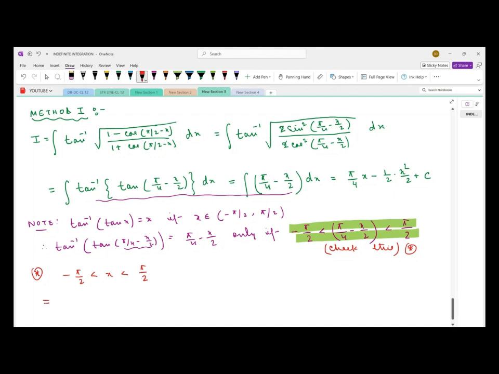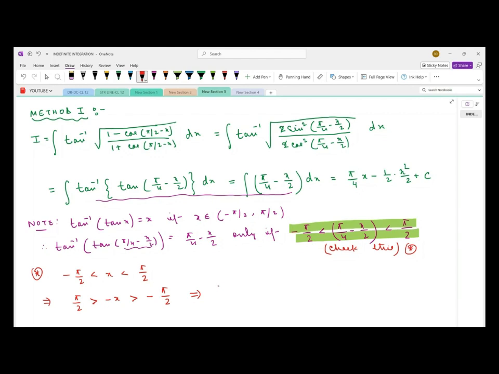That means if I multiply throughout with minus sign, then what happens? Pi by 2 greater than minus x greater than minus pi by 2. The signs change multiplying with minus sign. Now what I'm doing is dividing throughout with plus 2.